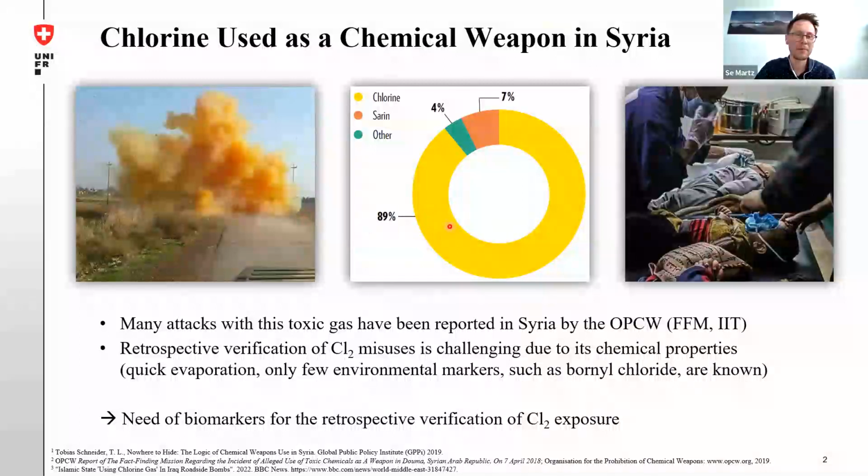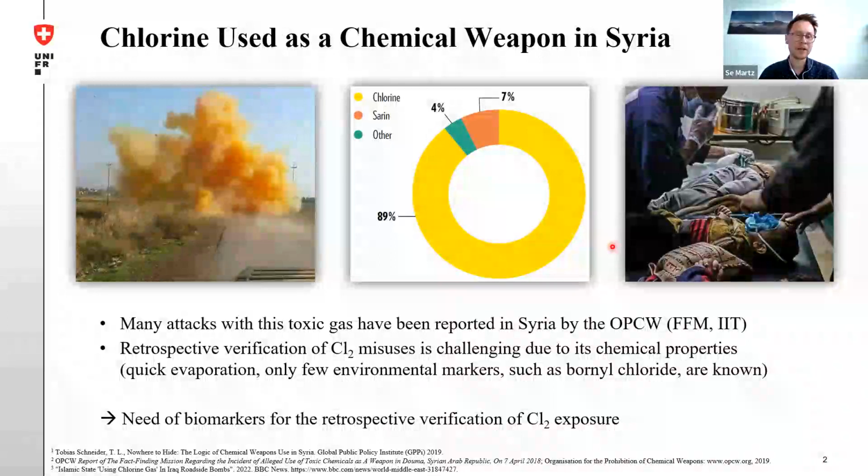And of many of these attacks, it seemed that around 90% were attributed to the chemical chlorine. And chlorine as a chemical weapon caused a lot of deaths among the civilian population in Syria.